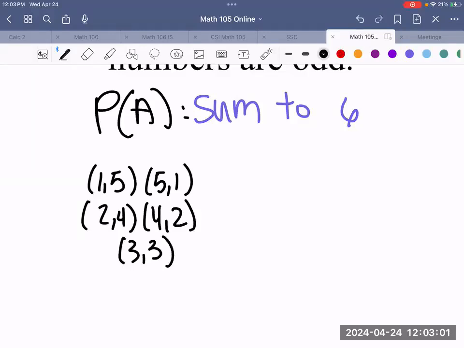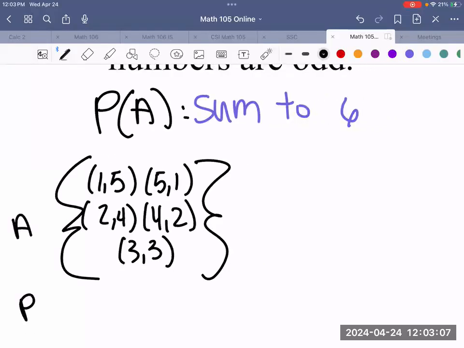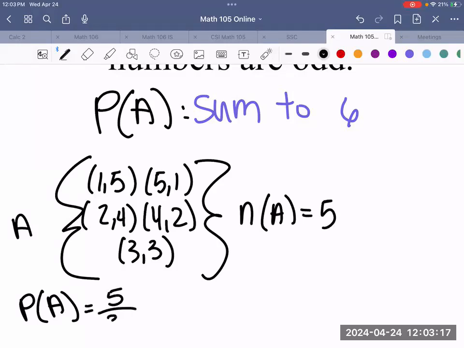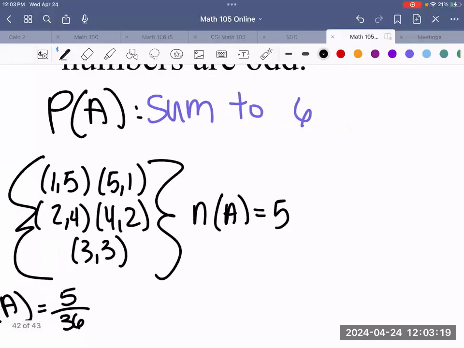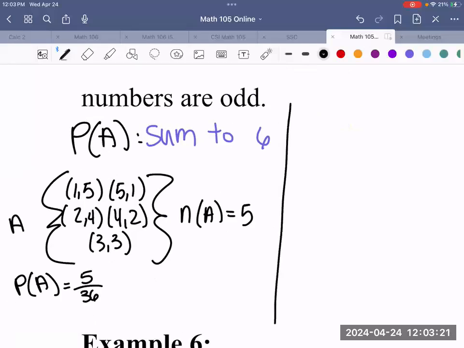We're working with indistinguishable dice, so repeats are okay. So the probability of A, well, this is the number of A, is 1, 2, 3, 4, 5. So we have 5 out of 36. All right, so they sum to 6.